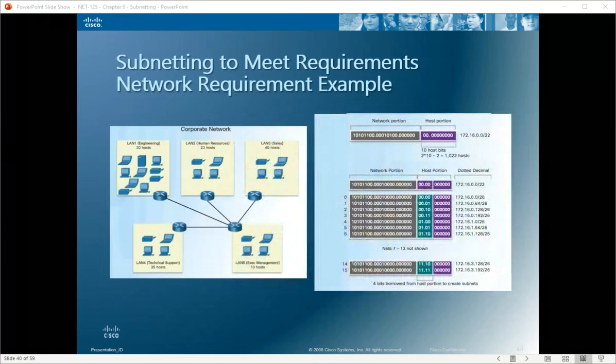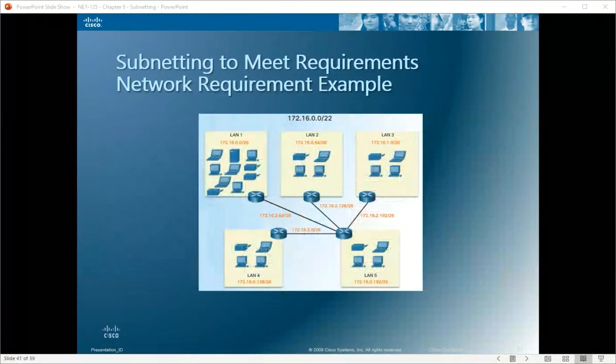Again, look at that top bit there. We've got, instead of 8, we've got 10. So we've got .0, .64 going across, and then we've got 16.1 over here on LAN 3. We've got 16.0.128 and .192 over here. And then we've got our interfaces here.